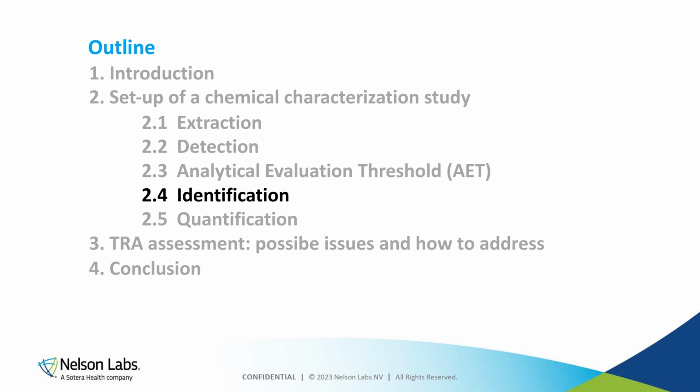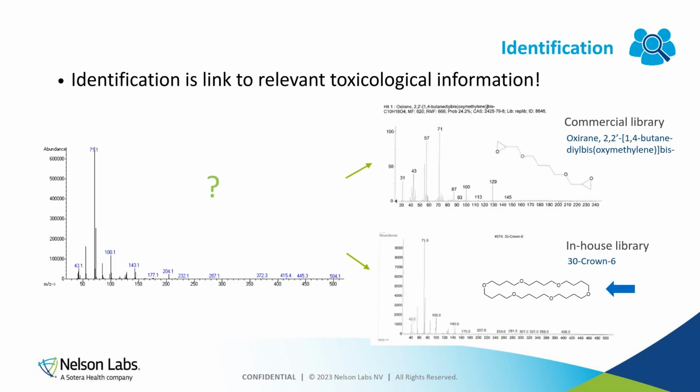Now, identification of extractables is done with mass spectrometry. Each peak above the AET represents a compound with a unique mass spectrum, as can be seen here on the left. Commercial libraries like NIST and Wiley contain mass spectra of many compounds, but often they do not contain the medical device-related compounds we are interested in, leading to sometimes incorrect identifications, as illustrated here.